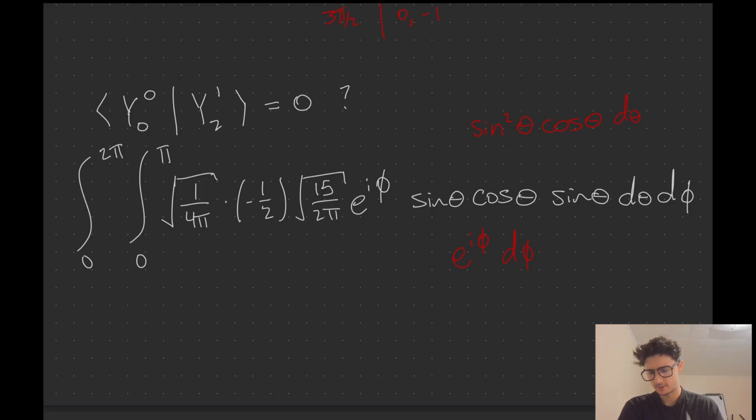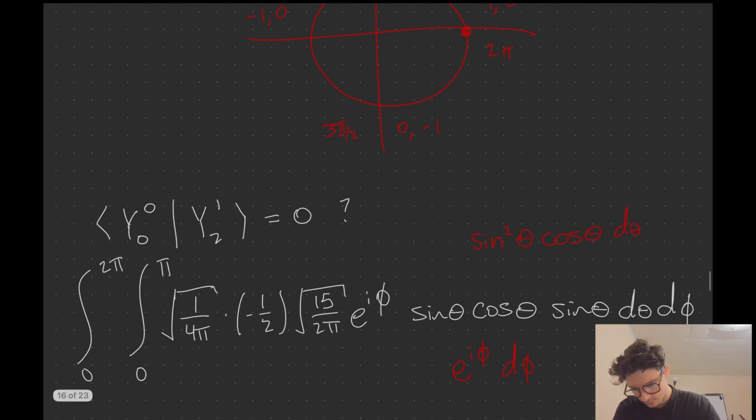The problem is, though, I don't know exactly how to do this trig integral, but I'm thinking if we do u is equal to sine theta squared, then du is equal to 2 sine theta. Oh no, we can't do that. Oh no. Check this. u is equal to just sine theta.